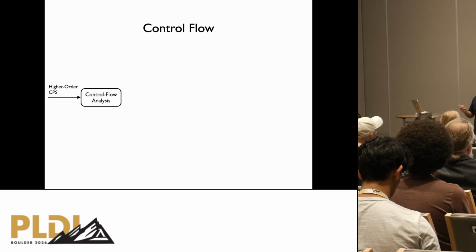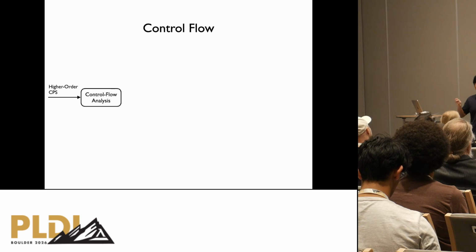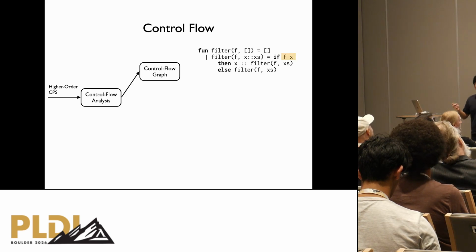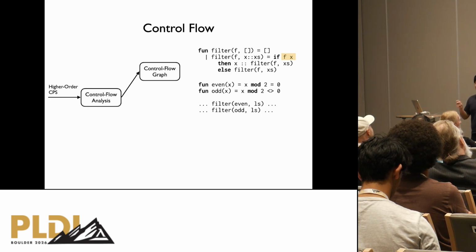To answer the control flow question, from the control flow analysis we derive the control flow graph, which tells us actually more than a traditional intra-procedural control flow graph would, because it tells you, for a higher-order function f in this filter function here, written in a very standard way, what f really is.